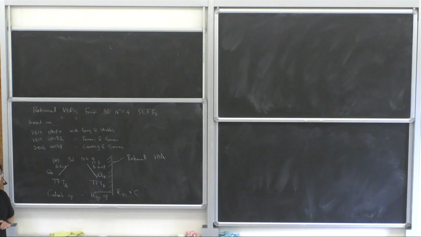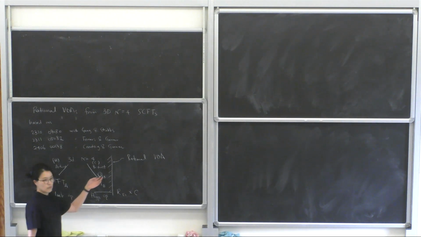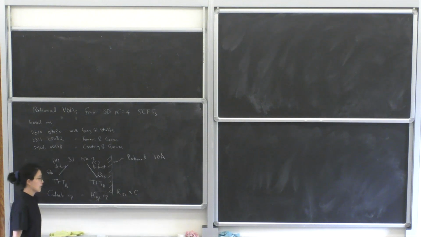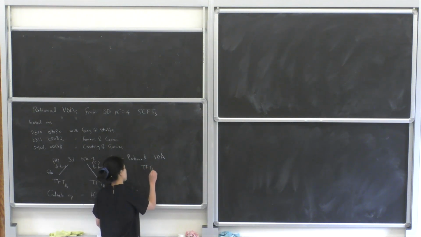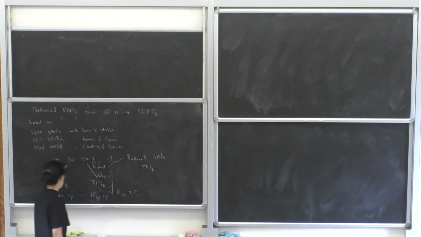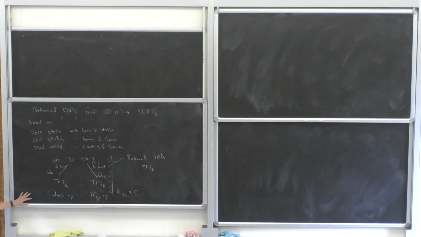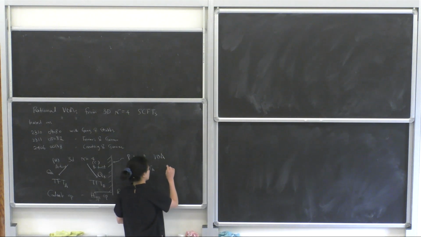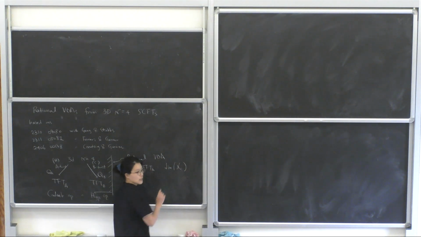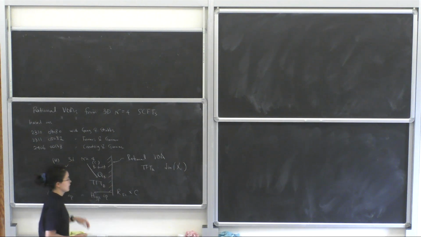So the first necessary condition that we should impose in order to obtain some rational VOA on the boundary is that for TFT-A, you'd like to impose that there's no Coulomb branch, the zero dimensionality of the Coulomb branch. So you'd like to impose that the dimension of X_C, the Coulomb branch of this original theory, is 0.